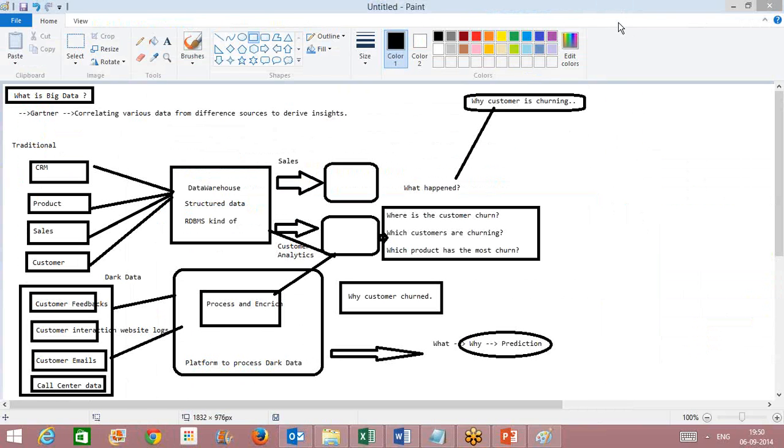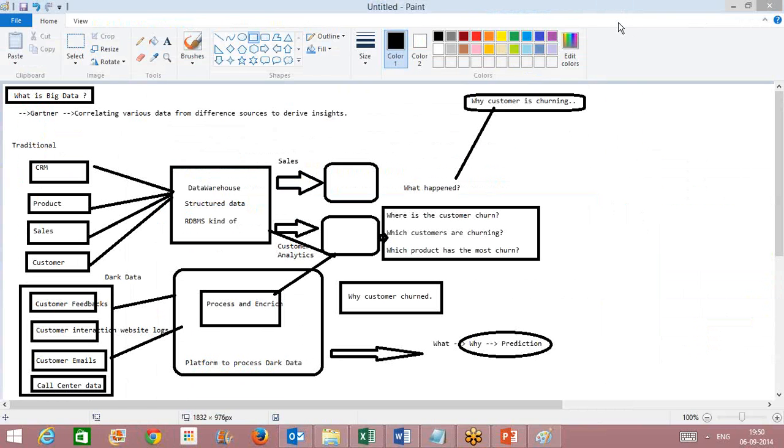So we looked at what is happening today in the enterprise. Today in the enterprise, the structured data is coming from CRM, product, sales and customer. What we do is bring that data through the operational store into the data warehouse. Data warehouse is more of an RDBMS kind of story. So from there we process some data and create some equivalent data marts from where we run BI reports and analytical reports.